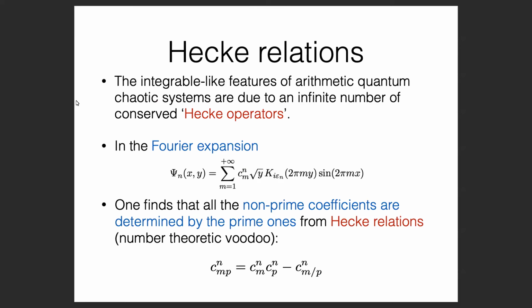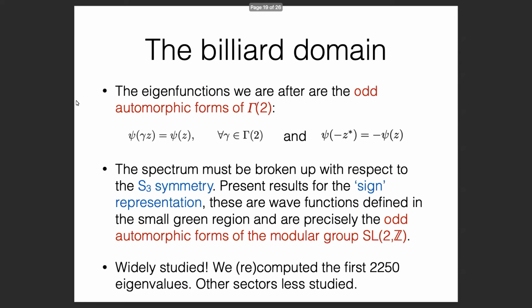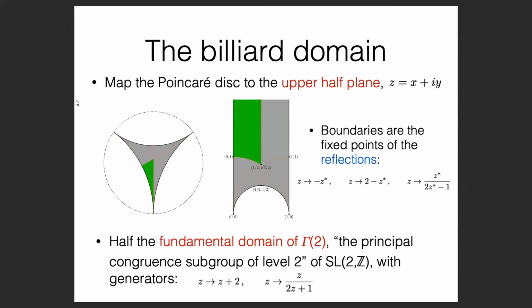You have this region, and X and Y are the coordinates on the upper half plane. You're solving the Laplace equation. You just expand in the basis of separable solutions. This is like a Fourier decomposition; in fact, it is the Fourier. So it's sine in this direction, since the wave function has to vanish here and here.